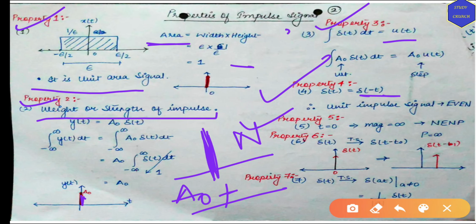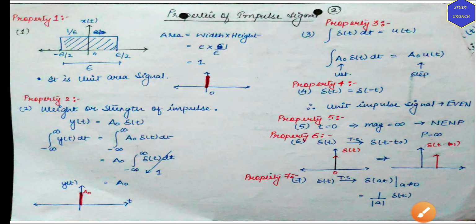That will be neither an energy nor a power signal. So this is neither energy nor power. Then property number 6 says, if we time shift the signal, that is delta t is equal to delta of t minus t naught, then also it will be an increasing magnitude function.